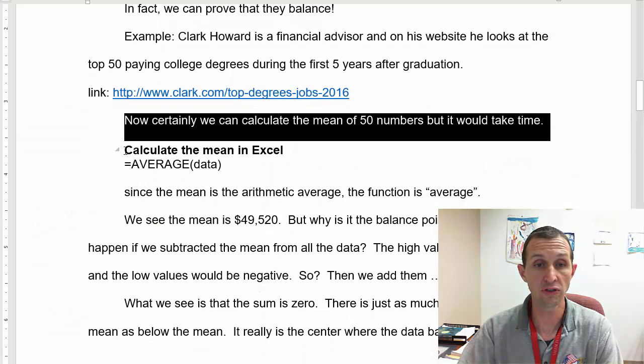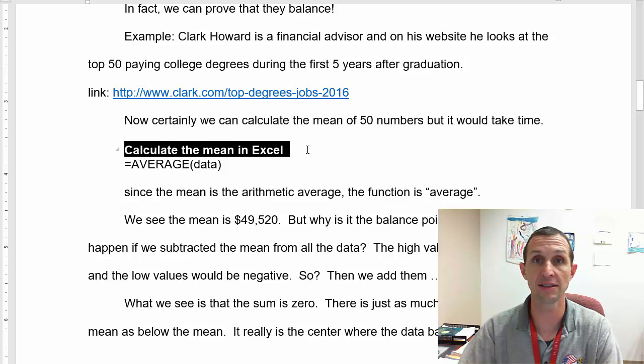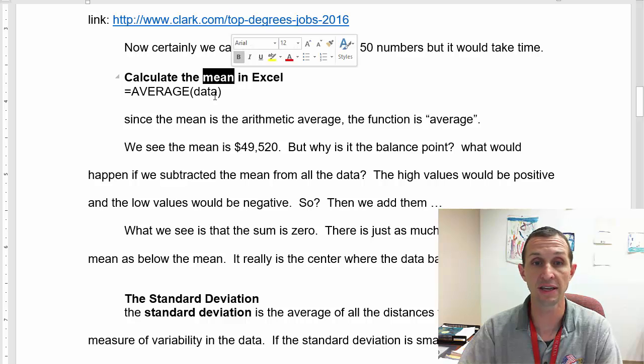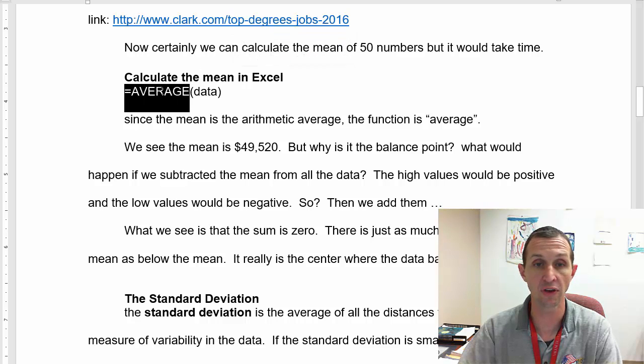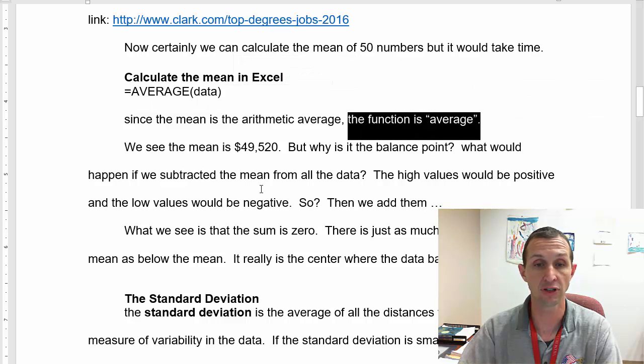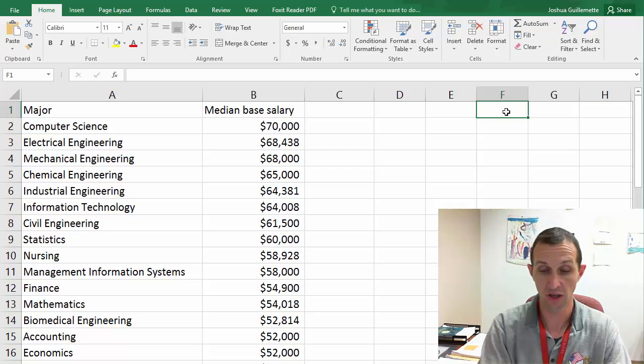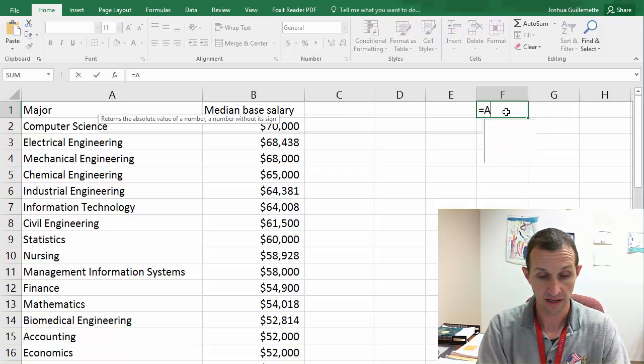Now, what we could do though is we could calculate the mean in Excel. And because the mean is the arithmetic average, we actually use average data. Okay? And so we're going to use the average function. So let's go ahead and back to our data here, and that's exactly what I'm going to do. I'm going to go over here a couple of spots, and I'm going to say, hey, look, equals, right?